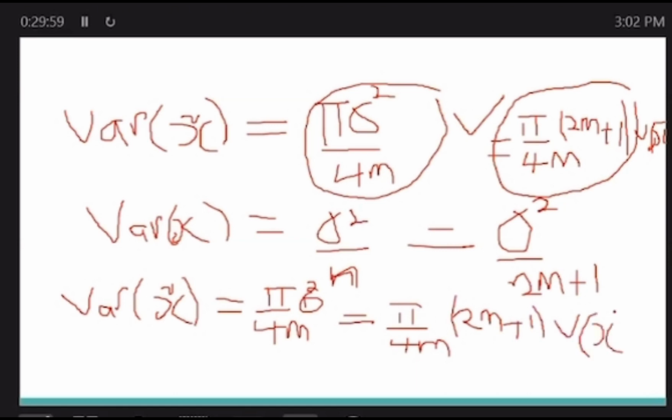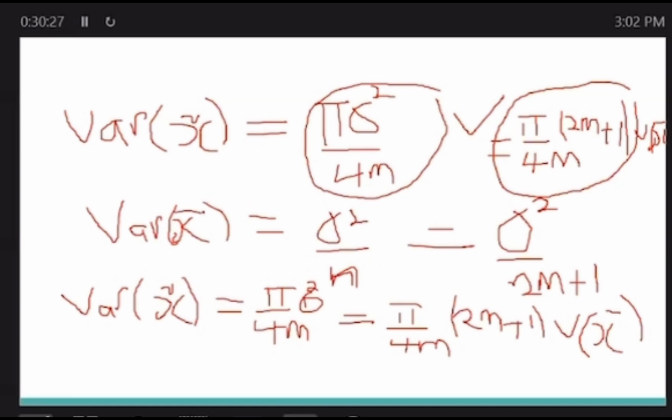Now I need you to take a look at what I just wrote. Variance of median, you see pi sigma squared over 4m, right? Now, what is sigma squared? If you come back here, this is for the mean.